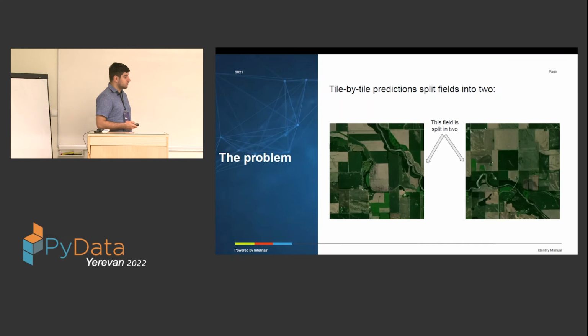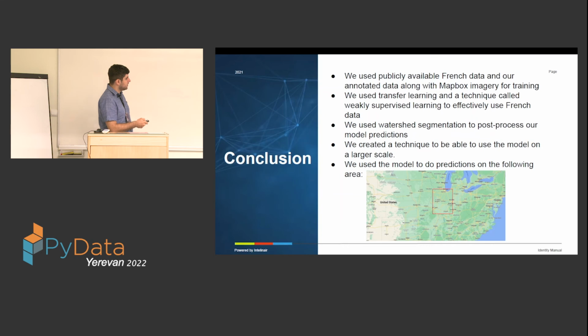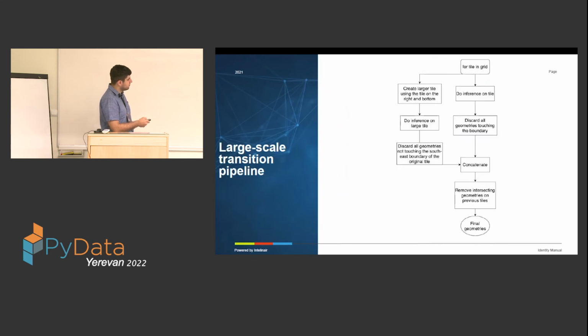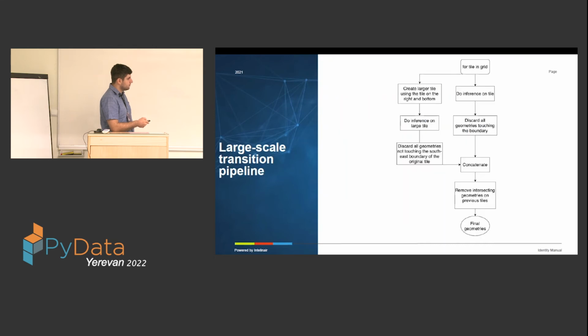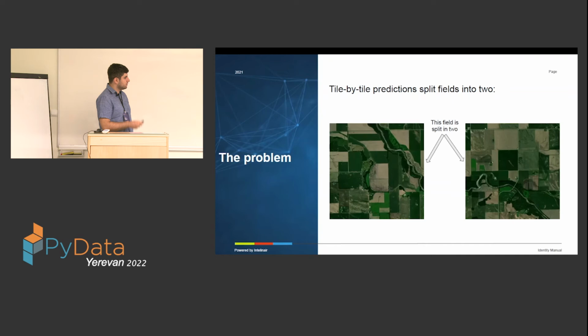By doing this, we have the internal geometries from here, and we have the geometries of its southern and eastern border from here. Now we concatenate these, and we have the geometries of the tile, the internal geometries of the tile and its southern border and its eastern border.